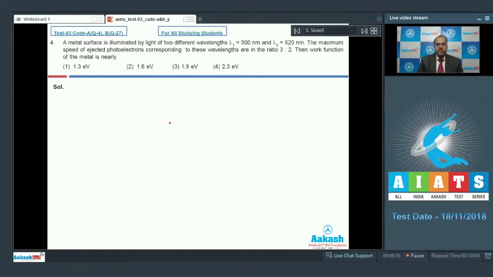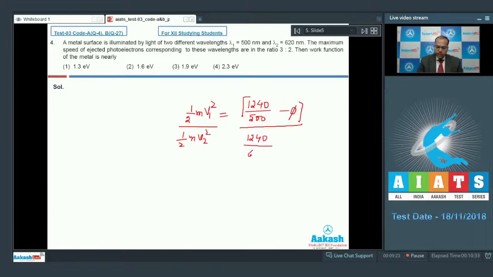If I directly take the ratio of their kinetic energies, half m v1 square is equal to 1240 divided by 500 minus phi, divided by half m v2 square, the maximum kinetic energy in the second case, which is equal to 1240 divided by 620 minus phi.